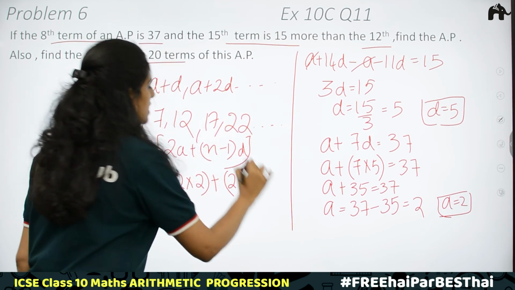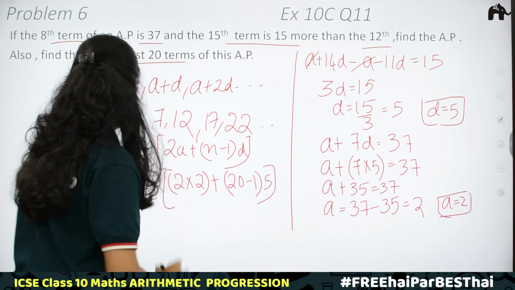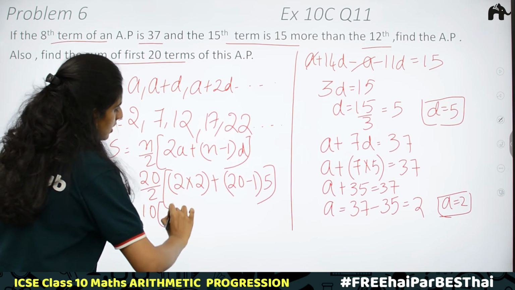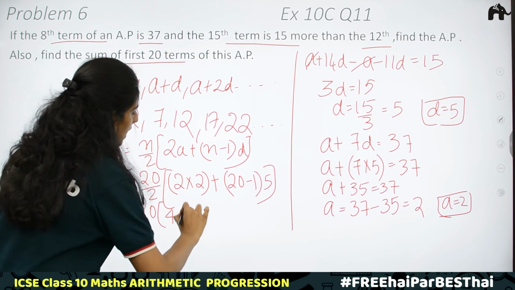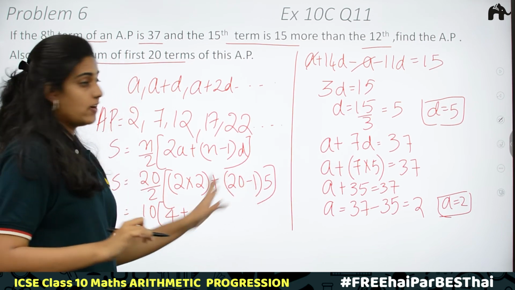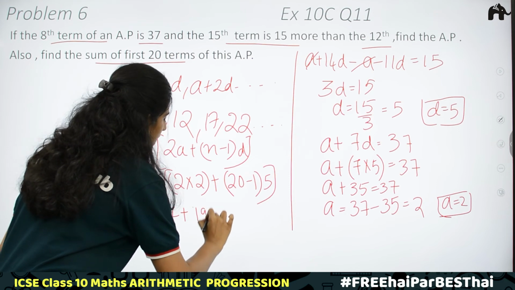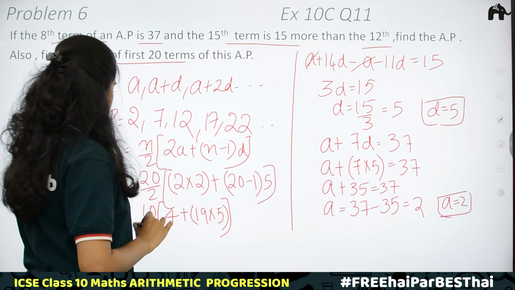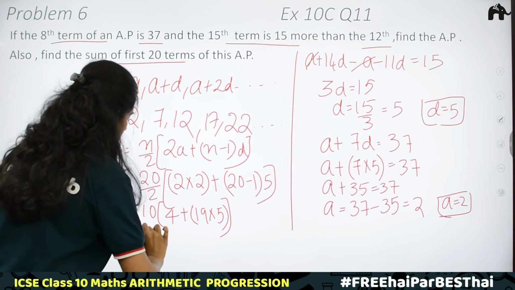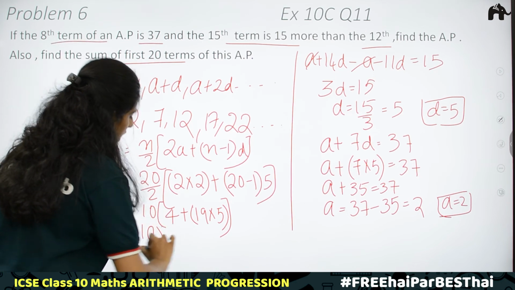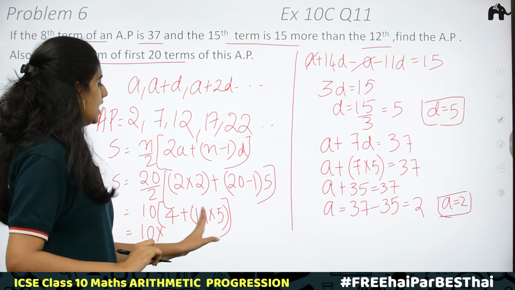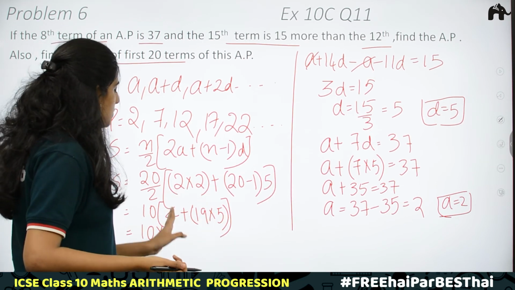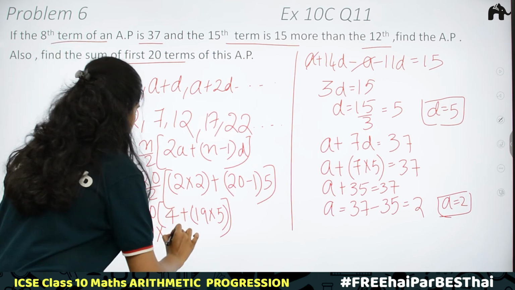The value of d is 5, which is equal to 10 into (4 plus 19 into 5). 19 into 5 is 95. 95 plus 4 is 99.